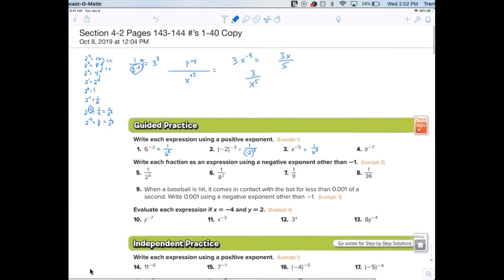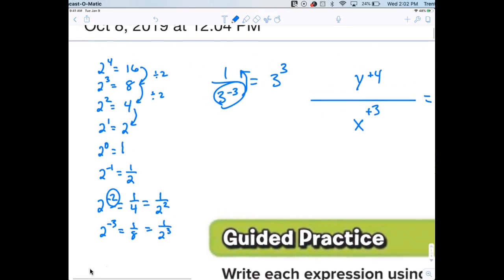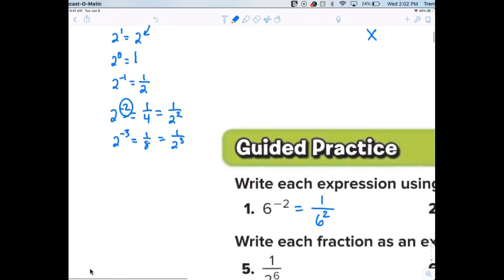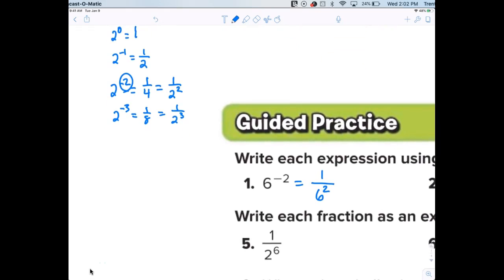This is what we did all class period. I know. I understand the divide by 2, divide by 2. I don't understand that. So all we're doing, instead of using numbers, we're using variables sometimes. That's it. Now come on. Keep asking. You understand me? I don't want you feeling like you're not asking me.